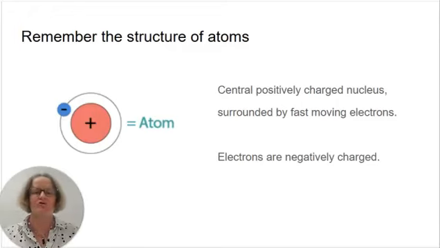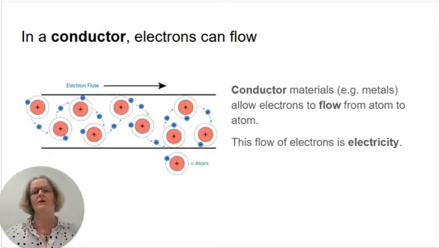Atoms contain a centrally positively charged nucleus, and around that, zooming really fast, are very small electrons, and these are negatively charged. And it's the movement of electrons that allows electricity to flow as electrons flow from one area to another. So if we look at a conductor, that will be something like a metal.